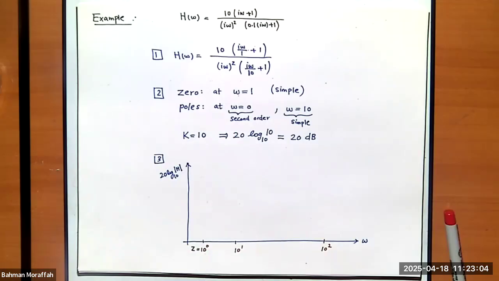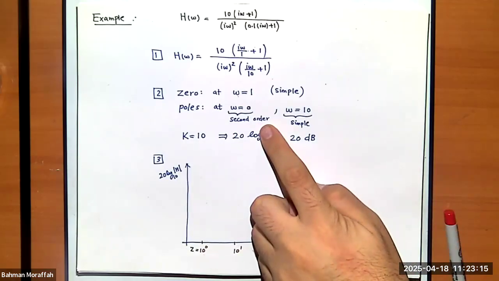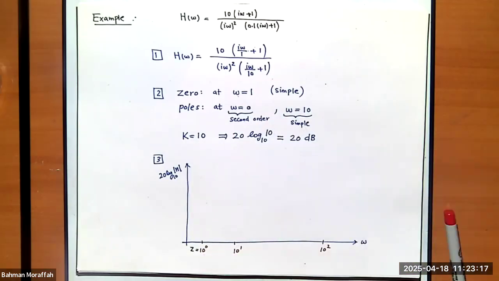And since it's a pole, it should go down. If it was a simple pole at the origin, it would go down by 20. But since it's a double pole, it has to go down by negative 40.